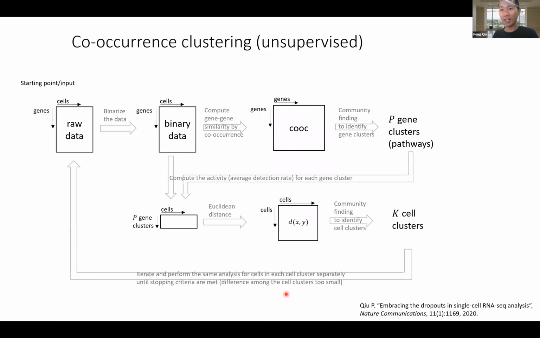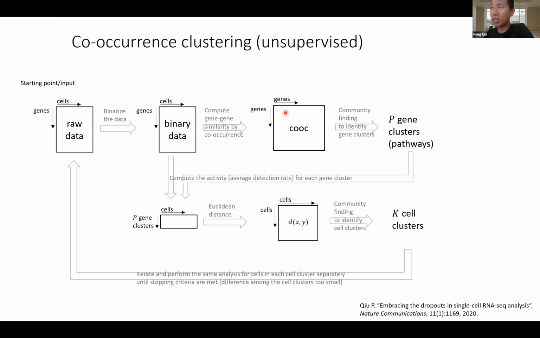So here is a diagram that represents my work in this reference paper. Starting from the raw data, we first binarize the data so that we only have zeros and ones in here. And then the first step is I computed a gene-gene similarity matrix. So here, this box, the dimension of it is the number of genes by number of genes.